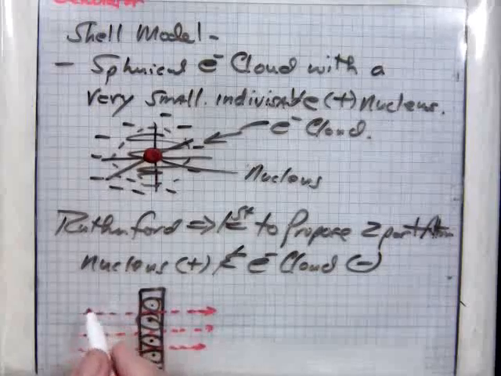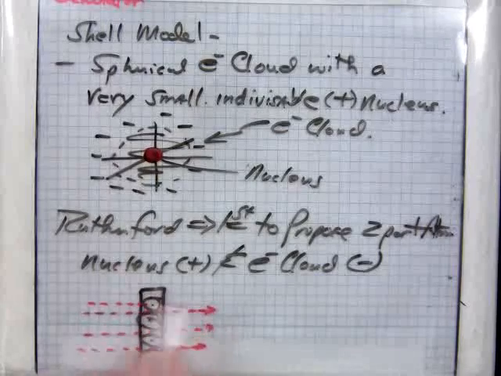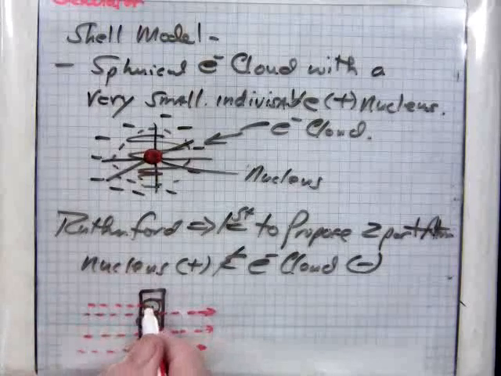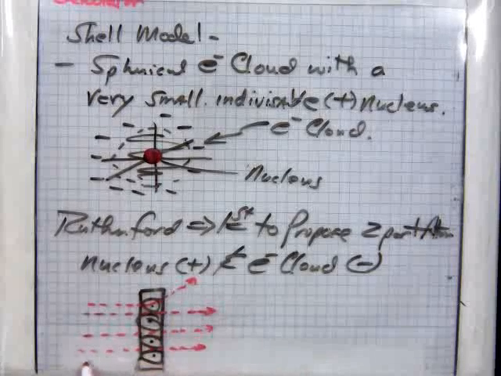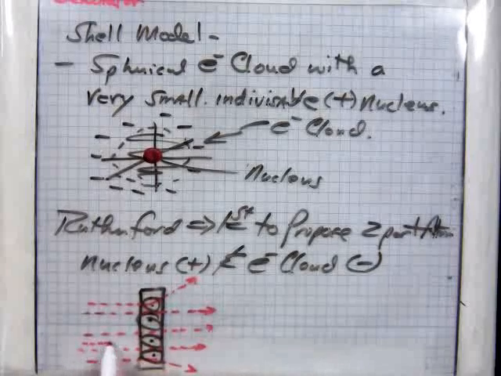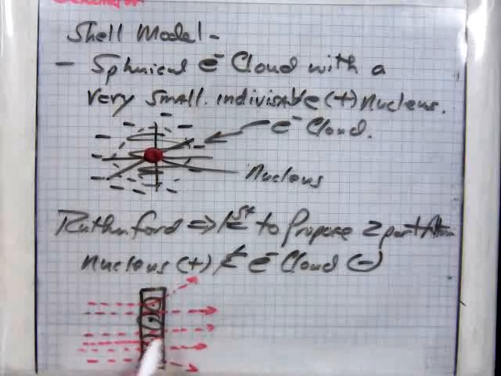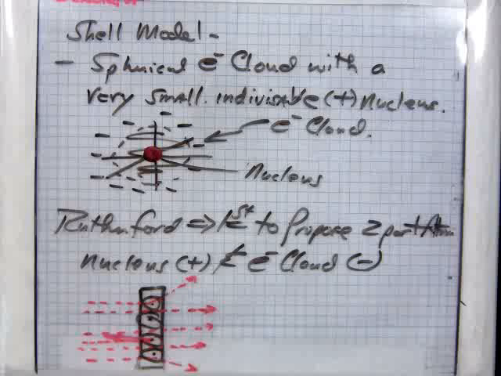However, there was a small percentage of the particles that would come, he thought, close to this positive center and be repelled off at obtuse angles. But then there were some that went straight in and collided with the nucleus and came right back toward the source. So that was the experimental explanation on his postulates of how the atom behaved at the time.